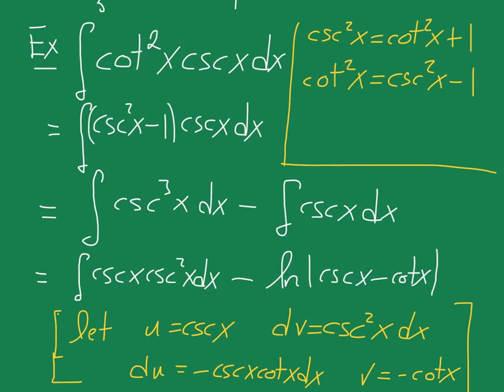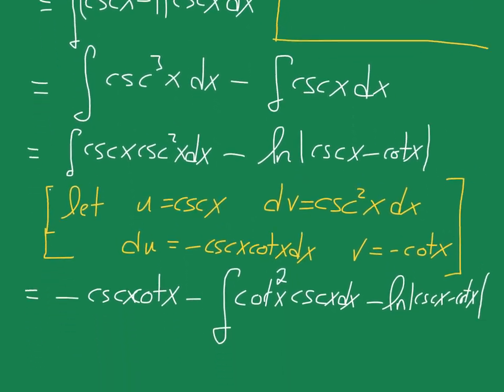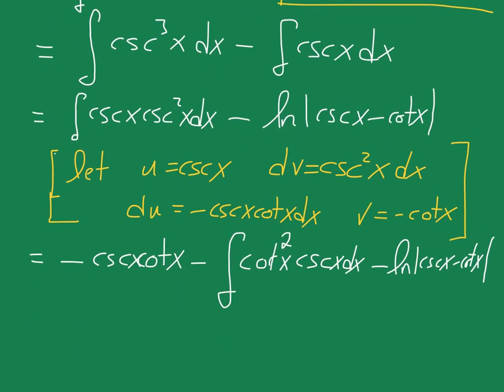So let's call our original integral here I. I better write this in blue so that you can see it a little better. Okay, so let's let I be our original integral. I hope you can see that. Then, if we go down here, we see that we have I reappearing again.